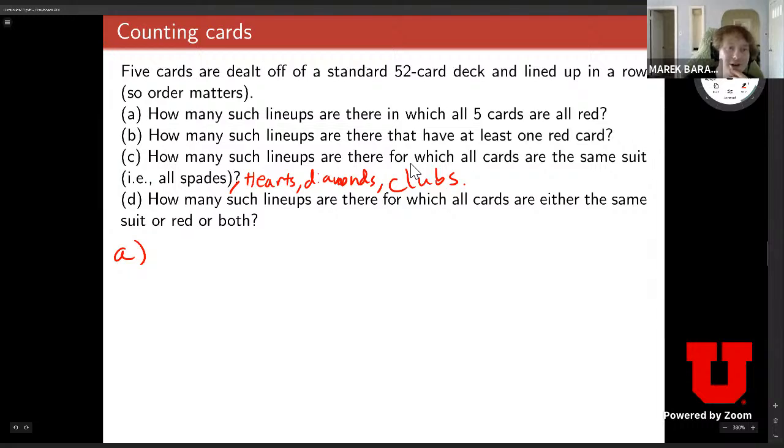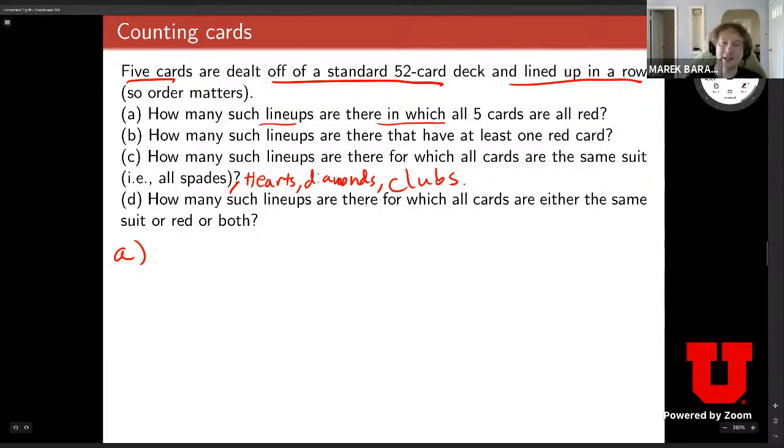So we have 5 cards coming from a standard 52 card deck and lined up in a row. I hope everyone in the class is familiar with cards, and there's a definition in the book, if not. So the first part says how many lineups. So we take 5 cards off a deck. How many of them are there in which all 5 cards are red?